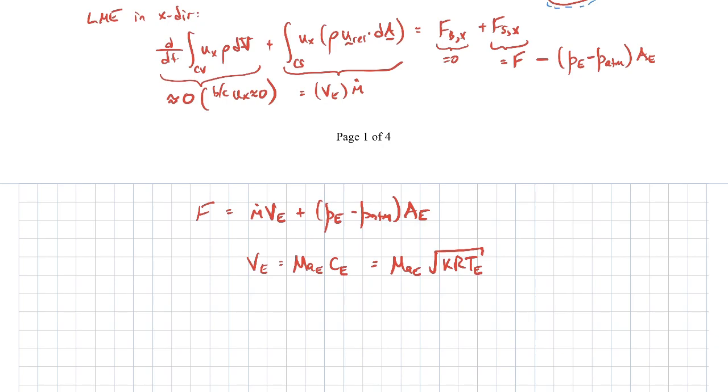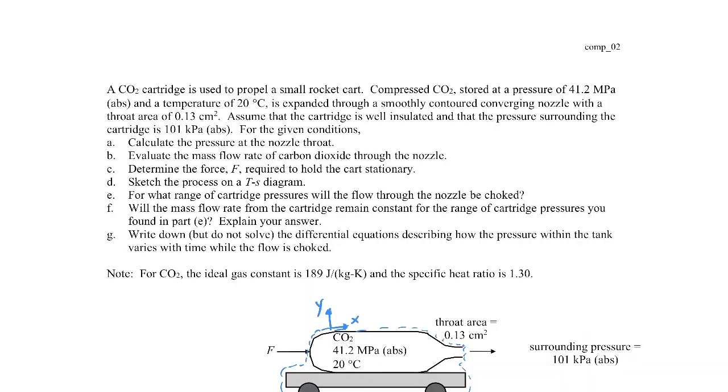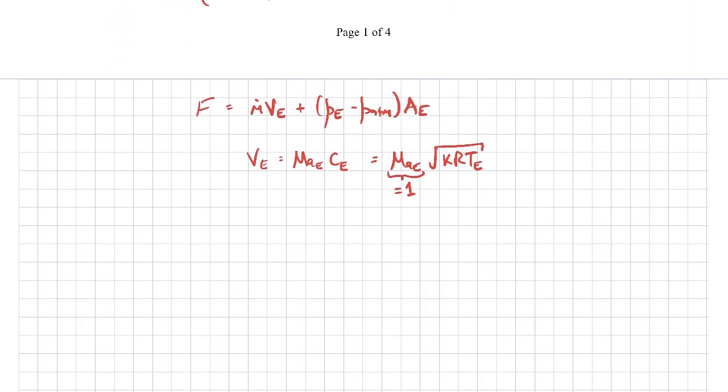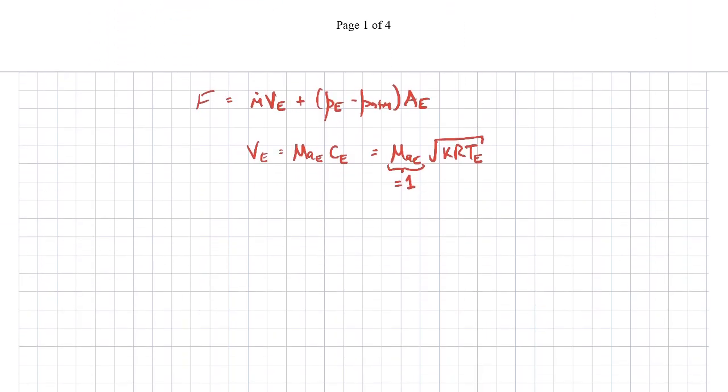Now the Mach number at the exit is just equal to 1, right? It's at sonic conditions, so that's easy. We still need to find the temperature at the exit. So the temperature at the exit we can find from our stagnation temperature expression.